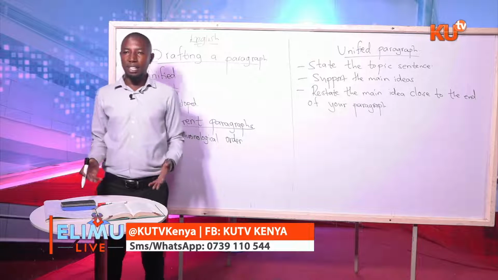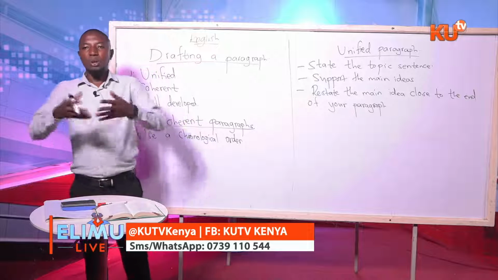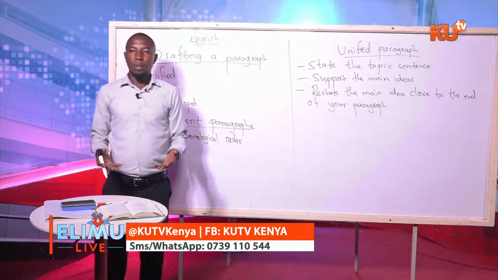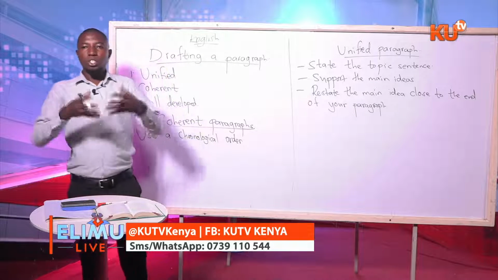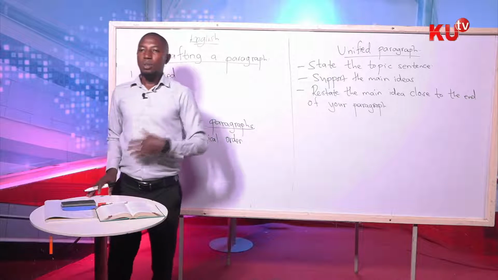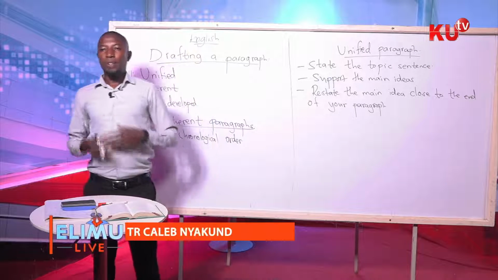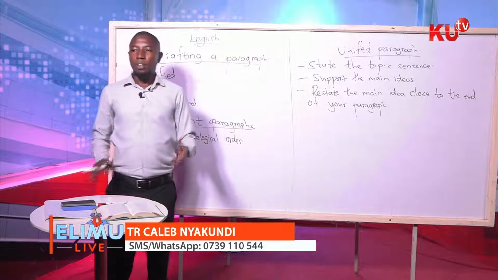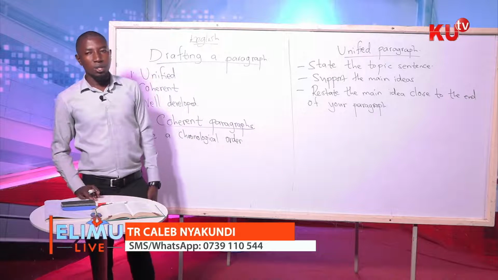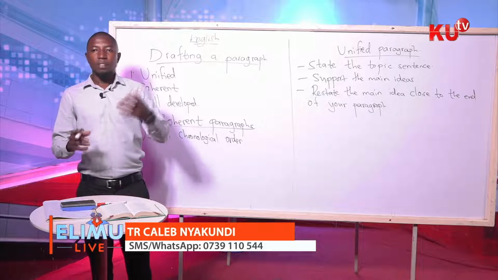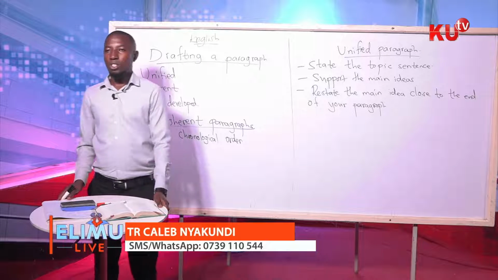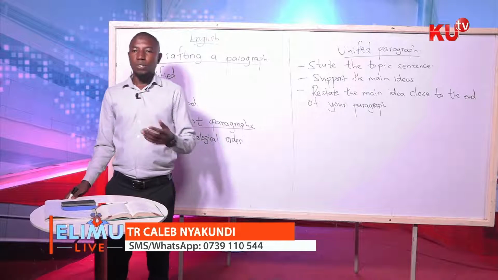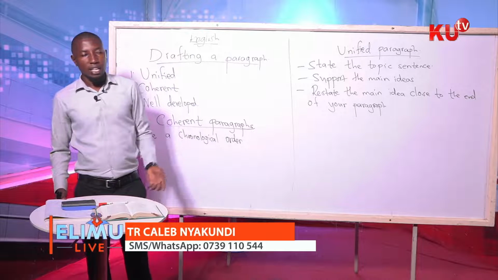You are writing a composition or an essay about a trip to Mombasa or a trip to anywhere. So in a chronological manner, you start by explaining how you start the trip, probably how you prepare for it, probably how you look forward to it.